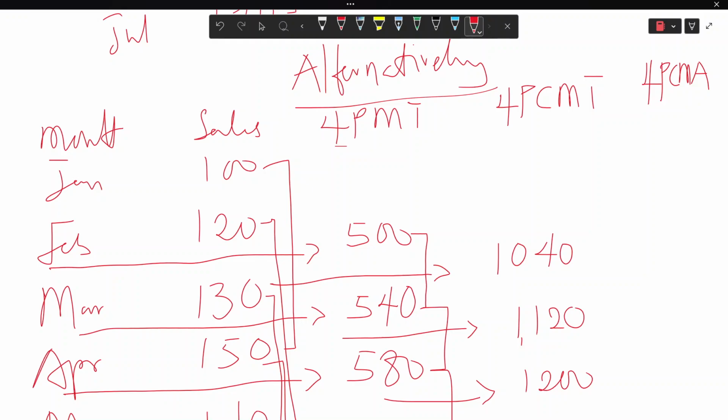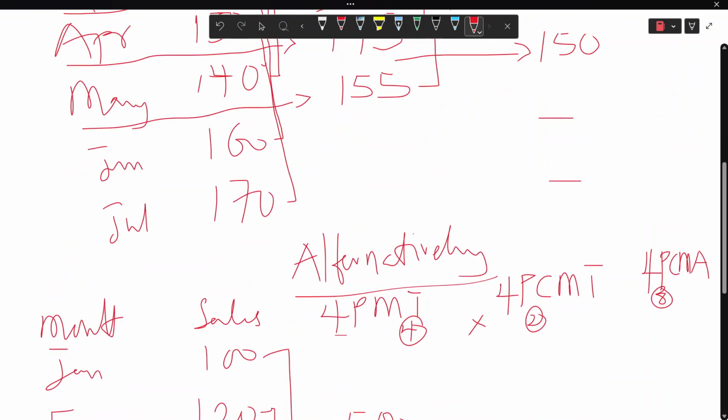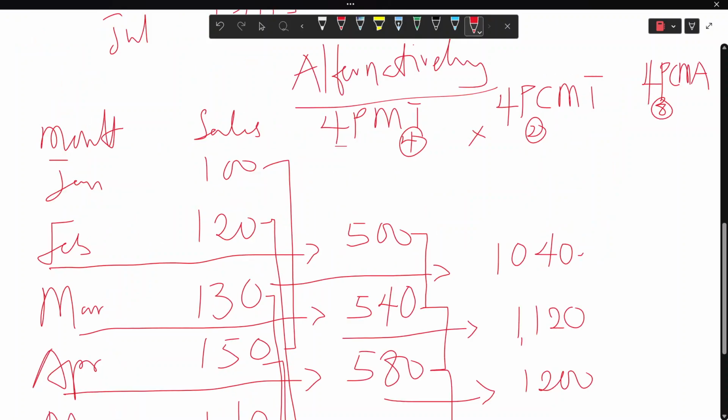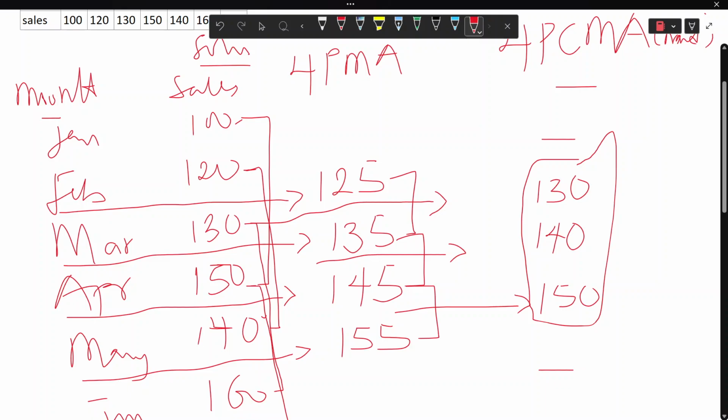So 4 times 2. So when you multiply, you're getting 8. So to get the trend values as we've gotten here, we need to divide these figures by 8.